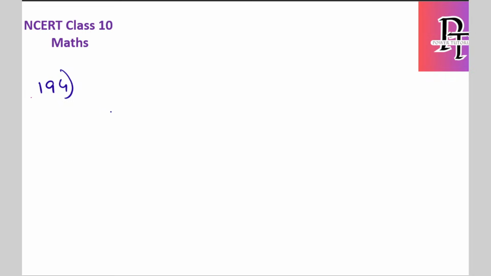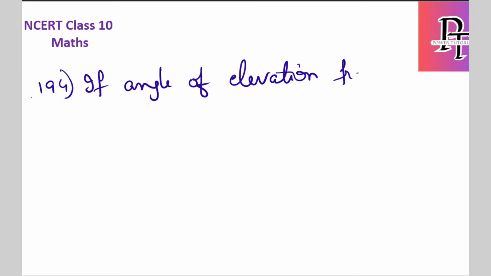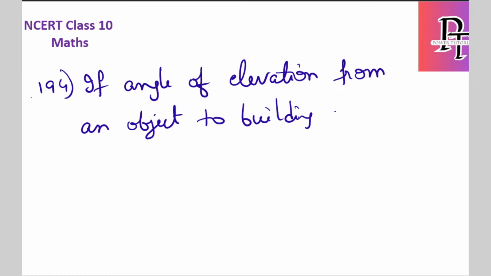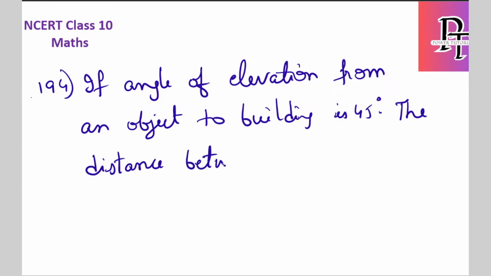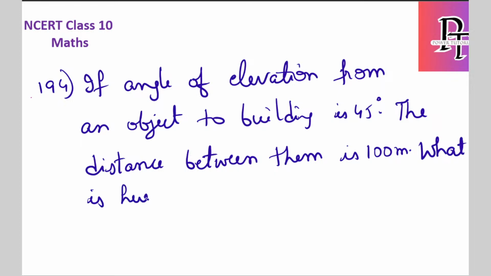If the angle of elevation from an object to building is 45 degrees, the distance between the object and building is 100 meters. What is the height of building?